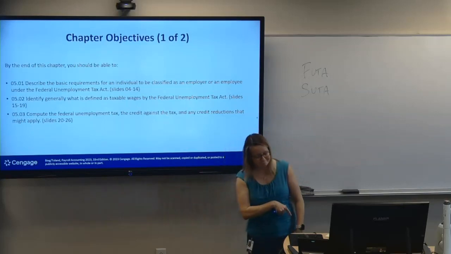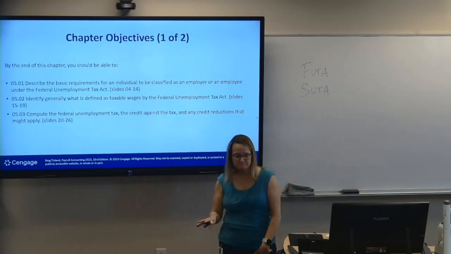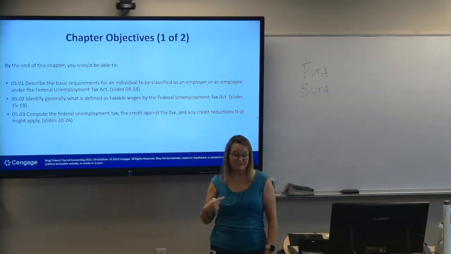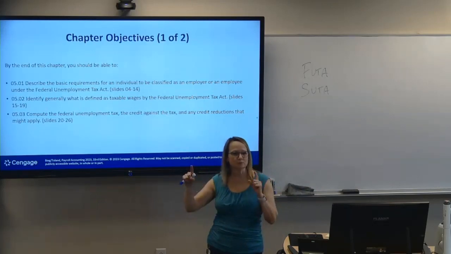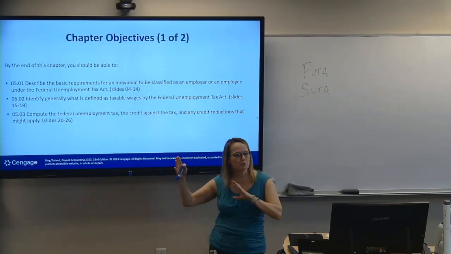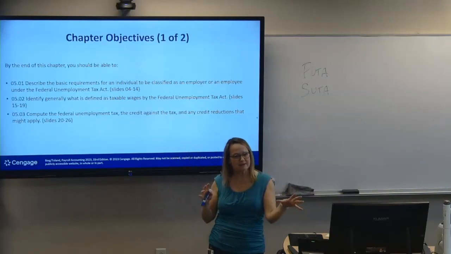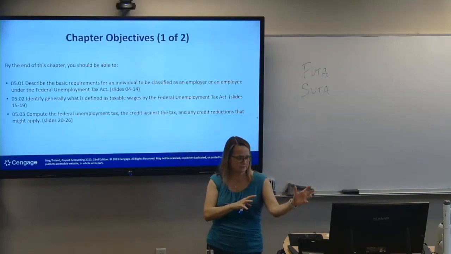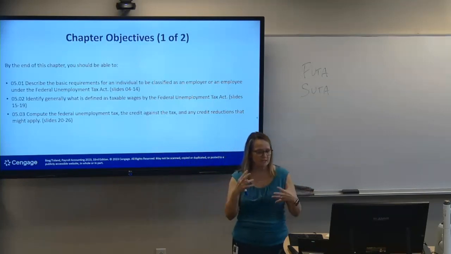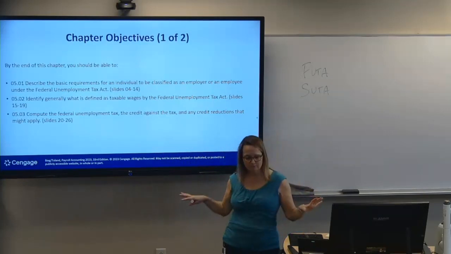Now, there was an exception. During COVID, for the first time, the federal government did actually pay benefits. I think in most cases those benefits were paid by the state, but the federal government reimbursed the state for them. But that's over with.